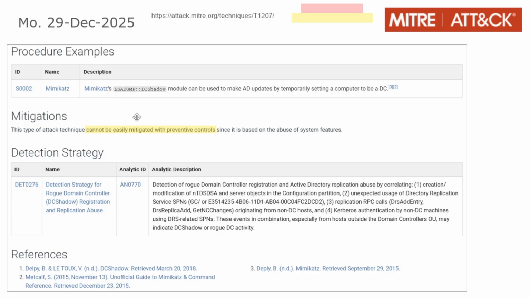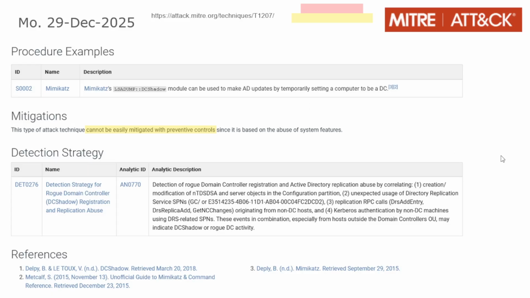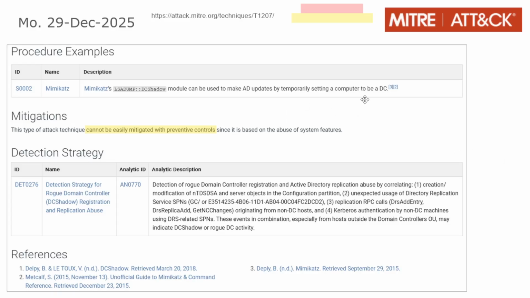This module can be used to make AD updates by temporarily setting a computer to be a DC. Okay. I didn't know that you can set a computer to be a DC for a short time, so this must be cached, right, if it is connected. But let's see what they write.